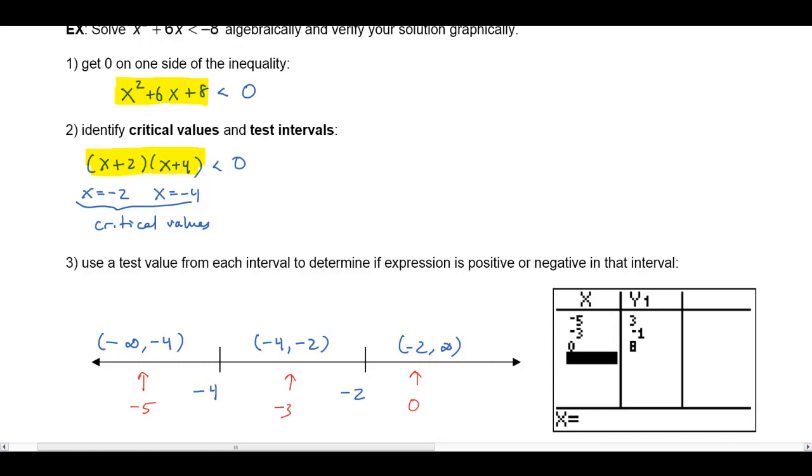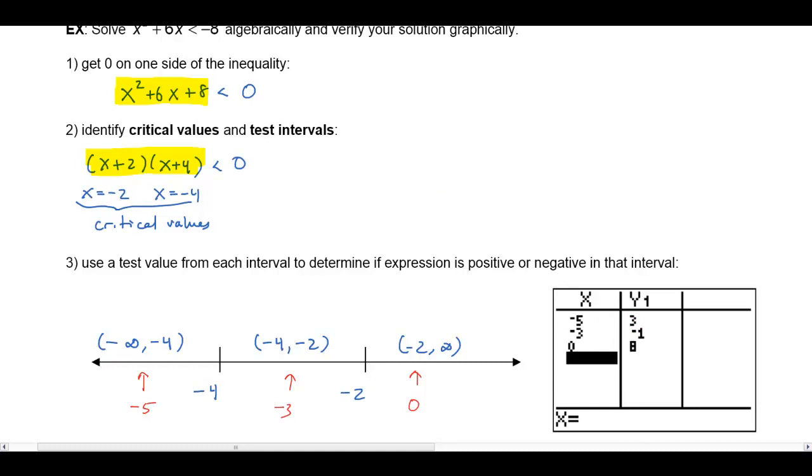Another way you could do it: I want to know where this is going to be less than 0. Where is it going to be negative? If I plug in -5, I get something positive, +3 in particular. I actually don't care that it's exactly 3 when I plug in -5. All I really care about is whether it's positive or negative.